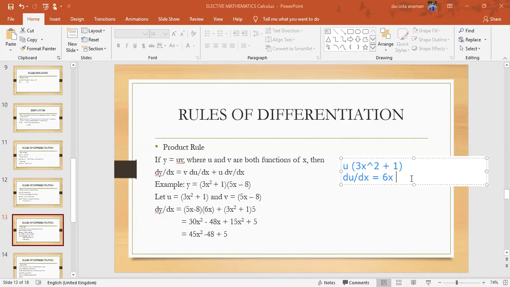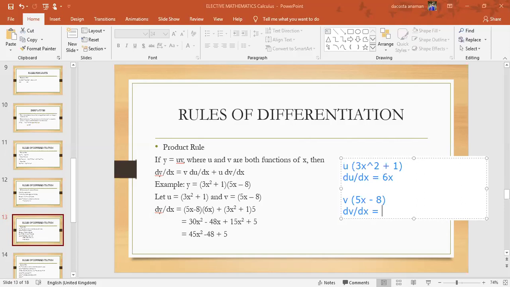Now after that, you pick the v, which is what? 5x minus 8. We are differentiating v with respect to x. That's dv dx. And that will be equal to what? There's an invisible 1, which is x exponent 1.